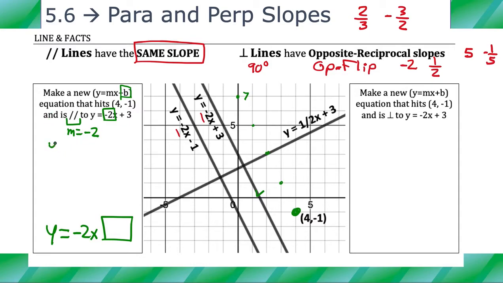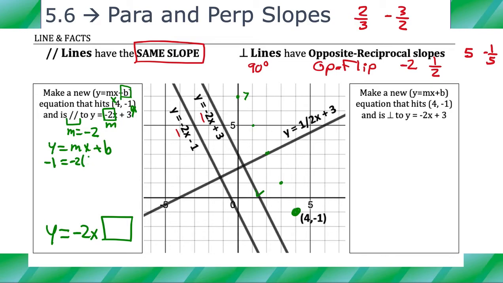You start off with a blank y equals mx plus b, and then you plug in the x, the y, and the slope. The y value is negative 1. The slope is negative 2. This is like what we did in the introduction: if you have a slope and a point, you plug in those 3 values and solve for b.